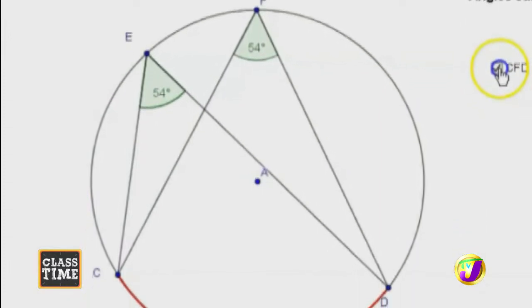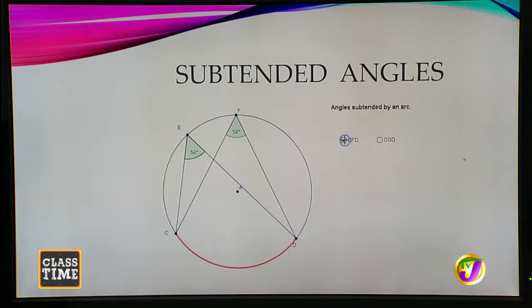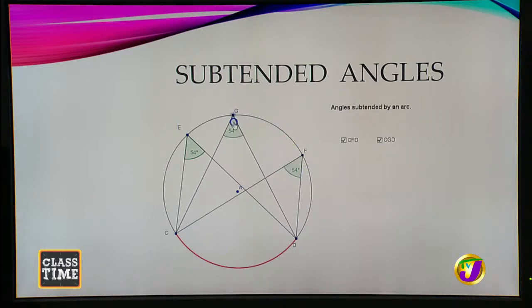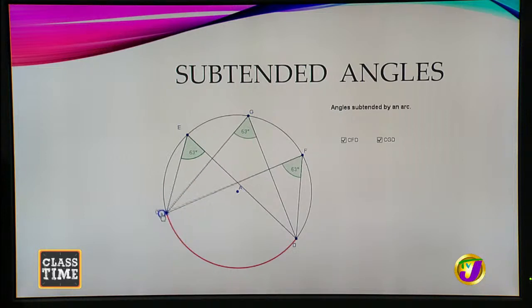Okay, let's see what happens next if we put another one there. Wow. How come it measures the same? You guys saw that? It's the same 54. So all of them are subtended by the same arc and they're all measuring 54 degrees. Let's see if we change the arc length.